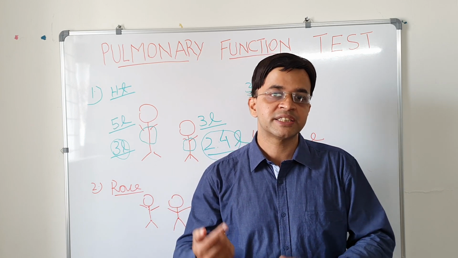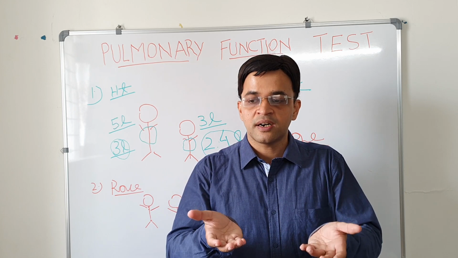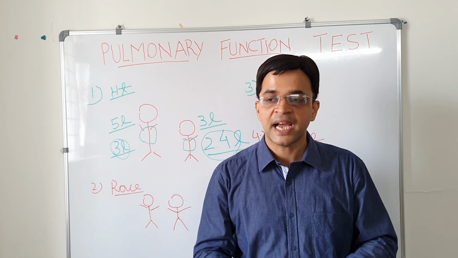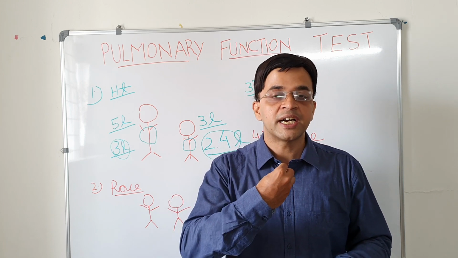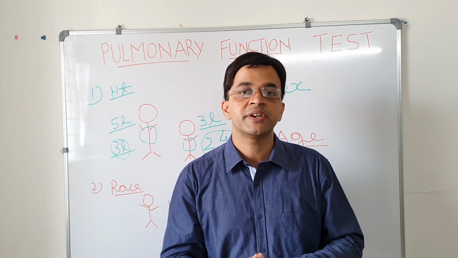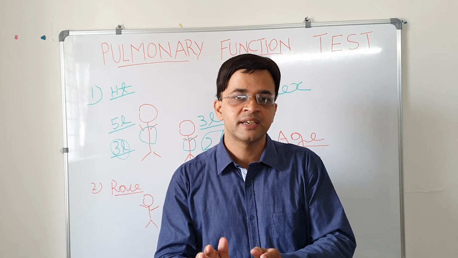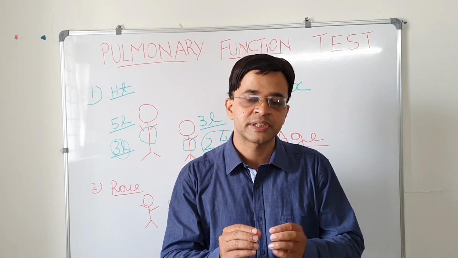Now, it can be either due to a deformed spine, or due to neuropathy or even myopathies, and it can also be due to some intrinsic disease of the lung like pulmonary fibrosis. So after getting this basic understanding, we will move to the pulmonary function test proper.